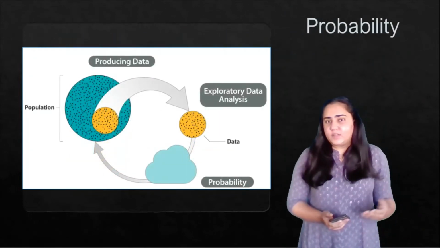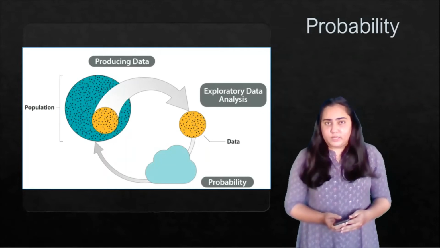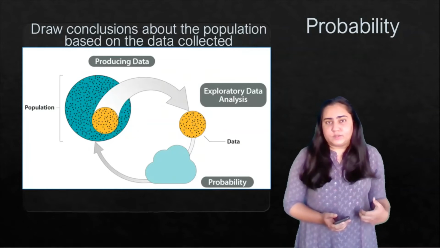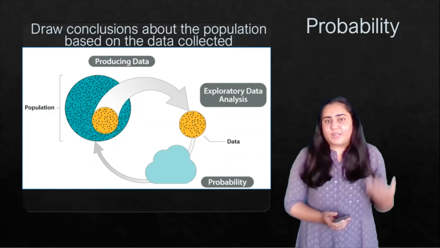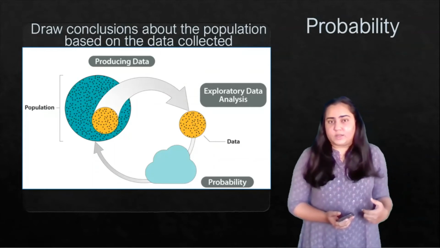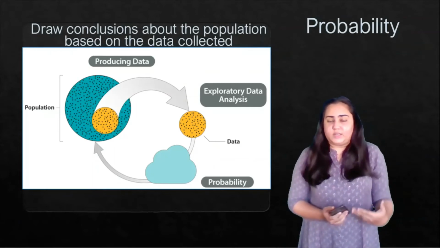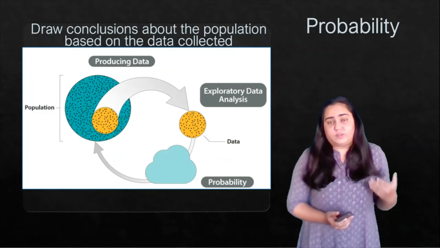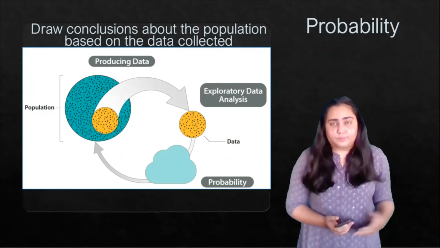And then the next thing we deal with is probability. So probability allows you to draw conclusions about the population based on the data collected. And if you do not get all these steps right now, don't worry. In a little bit, I'm going to explain this to you with a real world example.